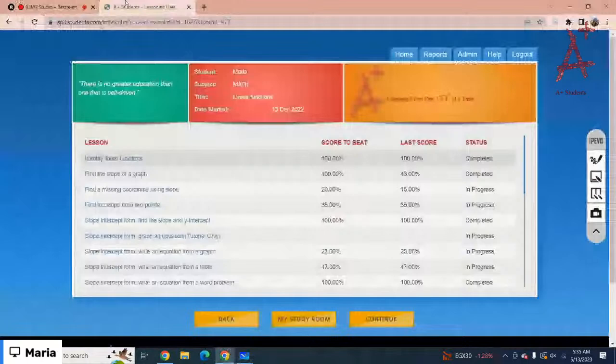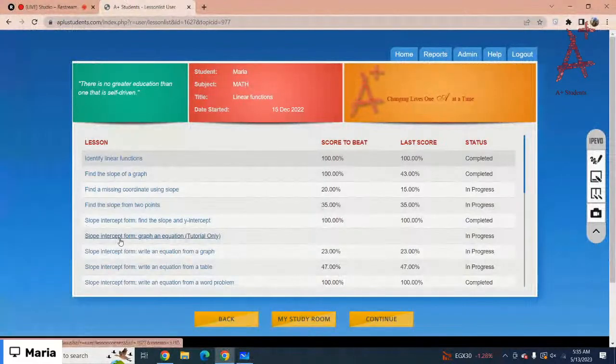Here I am on grade 9 maths. The chapter is linear function. Let's start with the lesson that is slope intercept form graph and equations.